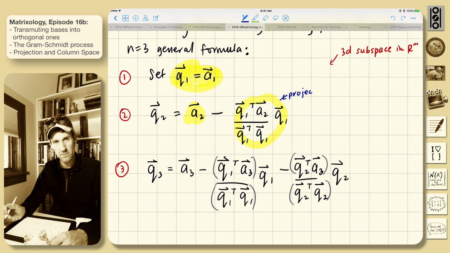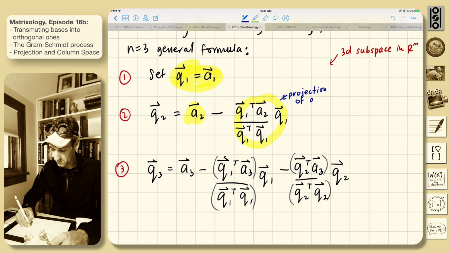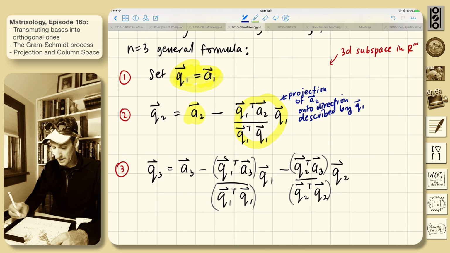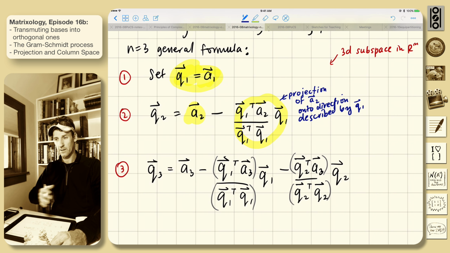This is the first projection work we did, projecting onto a line. Projection of A2, the second basis vector, onto the direction described by Q1. So let's find the part that's pointing in the direction Q1. That's our first basis vector. We want everything else to be at right angles to it, so we're going to take that out.